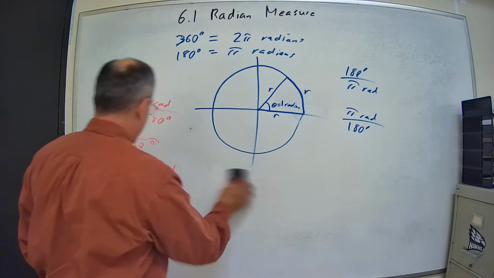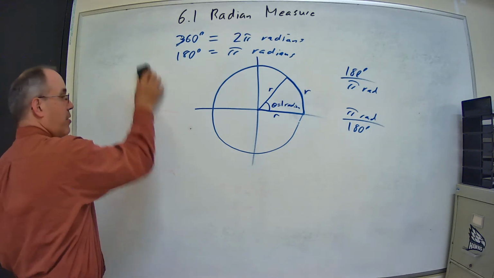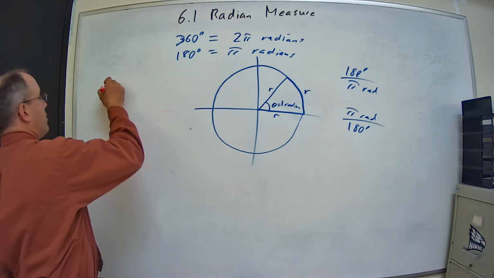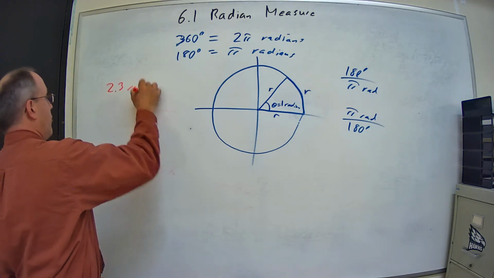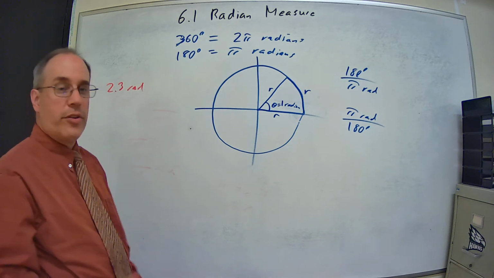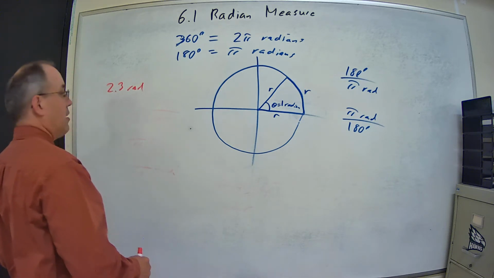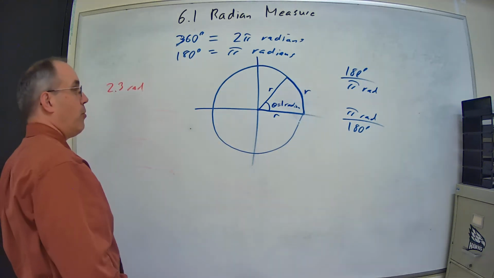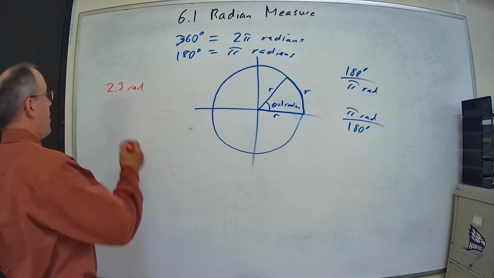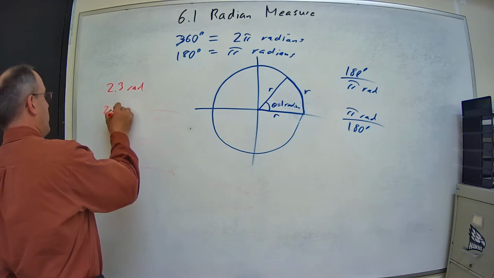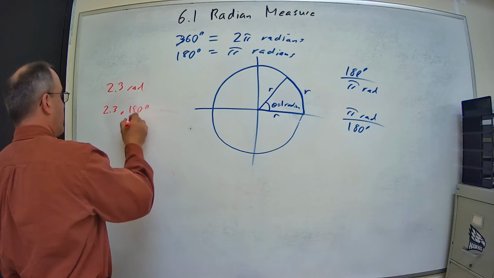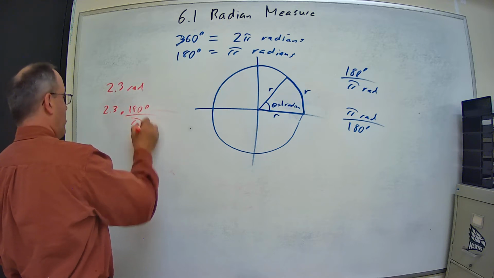Well, let's convert the other direction. What if I have something in radians and I want to turn it into degrees? So I have 2.3 radians, and I want to determine what that is in degrees. Well, if I'm in radians and I want to get to degrees, I'm going to multiply by 180 degrees over pi radians. So 2.3 times 180 degrees over pi.